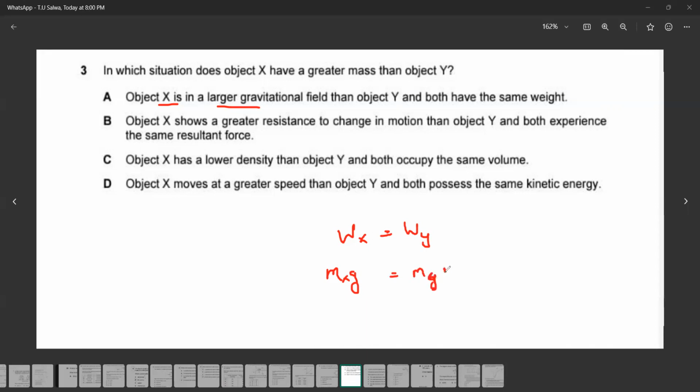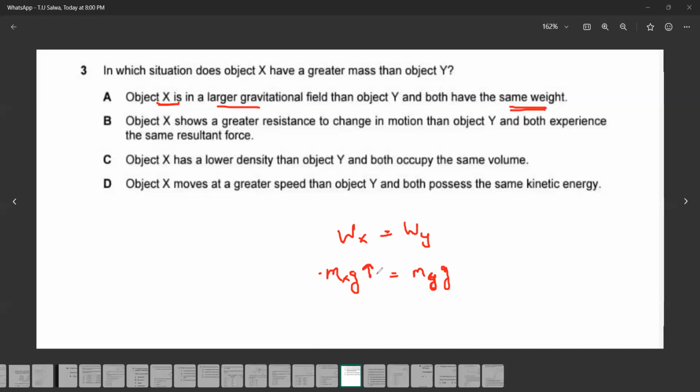Now, according to the question, object X has a larger gravitational field strength than object Y, but both have the same weight.